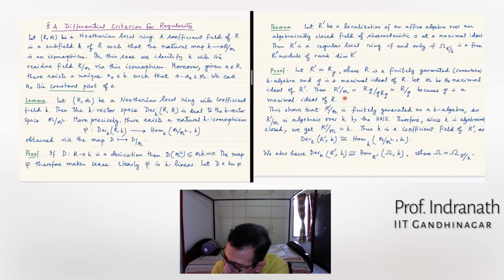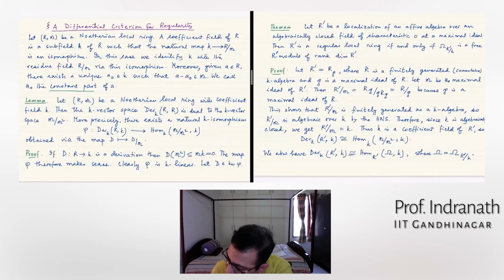So therefore, R dash mod M is basically R mod P, because P is a maximal ideal of R. So if you don't change anything, R dash mod M is R mod P, where M is the unique maximal ideal of R dash.